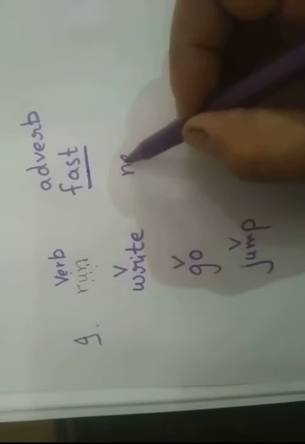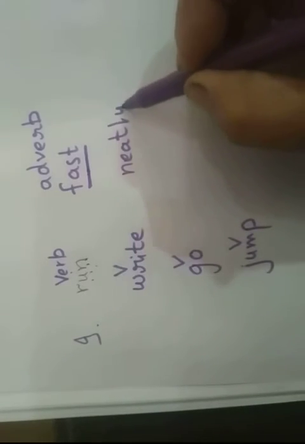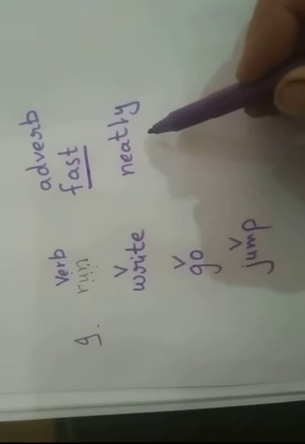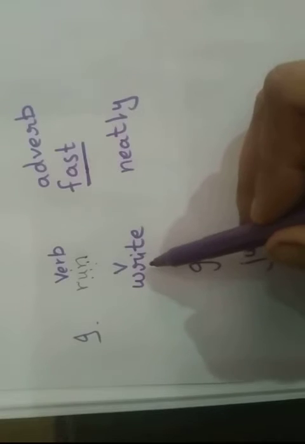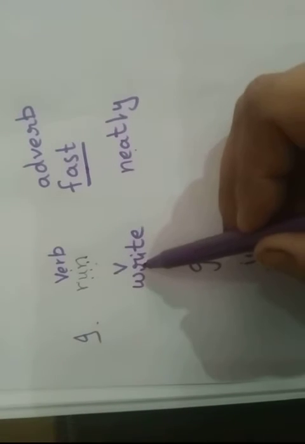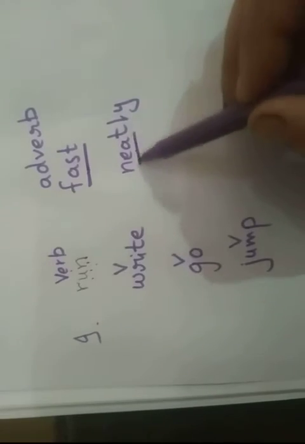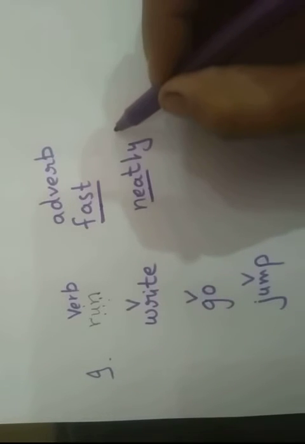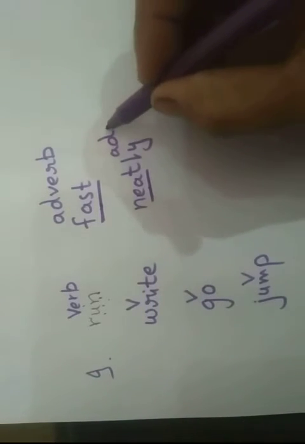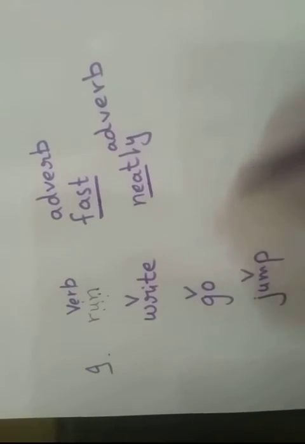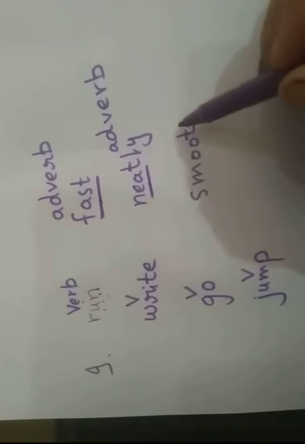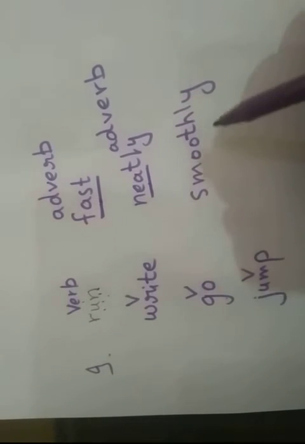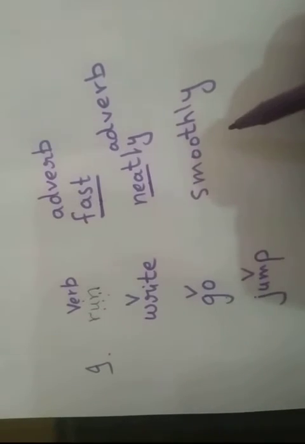If I write here, neatly. Write neatly. Write is a verb and this word is describing the verb. Neatly would be the adverb. Go. If I write here, smoothly. Go smoothly.